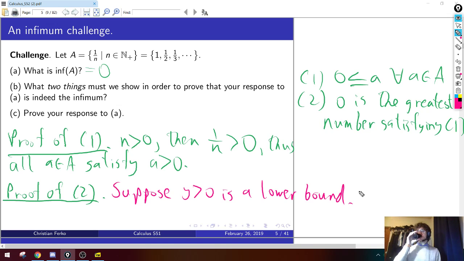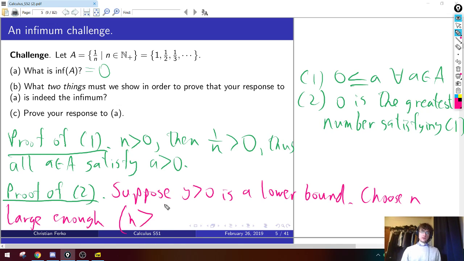So how can we get a contradiction? I believe that we can simply make n large enough such that 1 over n is less than y. Yeah, so choose n large enough. So in particular, you can just take, say, n greater than 1 over y, right? Because if n is greater than 1 over y, you just invert both sides.